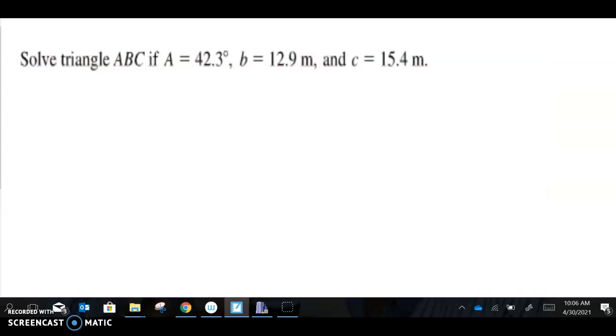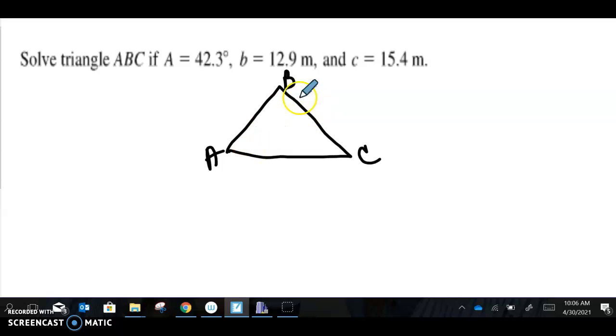So if I'm asked to solve this triangle, I don't care if this looks right or not. A is 42.3 degrees. Opposite of A, I don't know. Side B is 12.9. Side C is 15.4. I realize I have the situation of the law of cosines because I have side angle side.